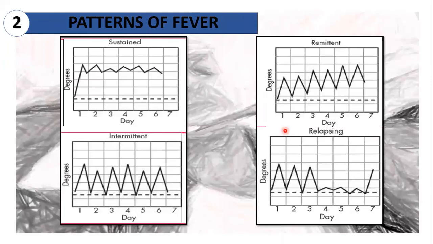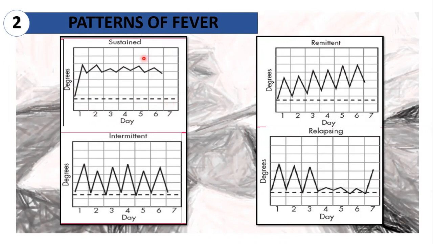Here we have four patterns of fever: sustained, intermittent, remittent, and relapsing. In these graphs, you see in the y-axis the degrees, while on the x-axis, the days, while the dashed line represents the normal value of body temperature.